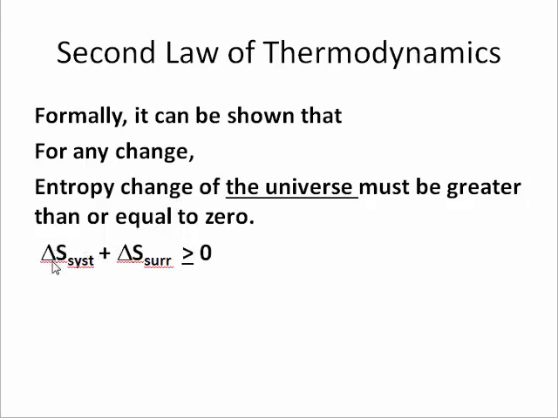So the entropy change of the system, whatever we're looking at, plus the entropy change of the surroundings must be greater than or equal to 0 for a process to occur. You may have heard talk or a discussion about how entropy is always increasing in the universe.